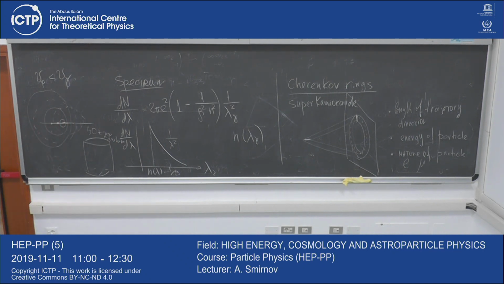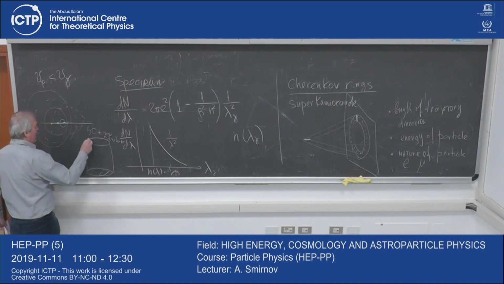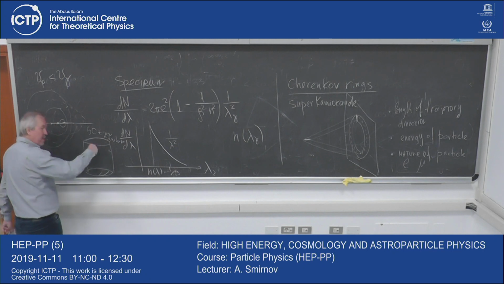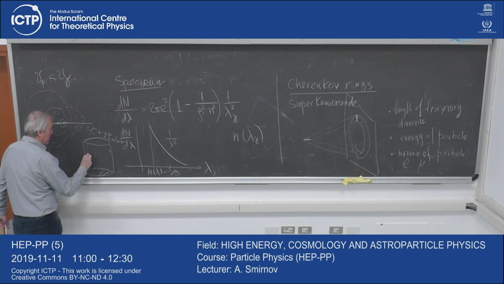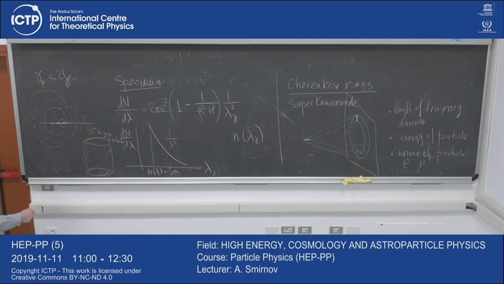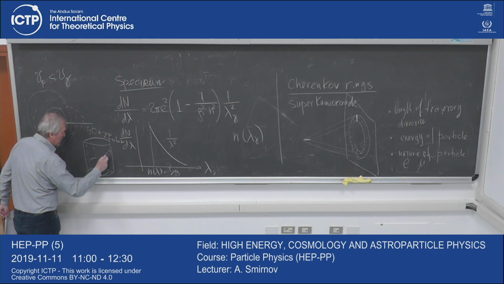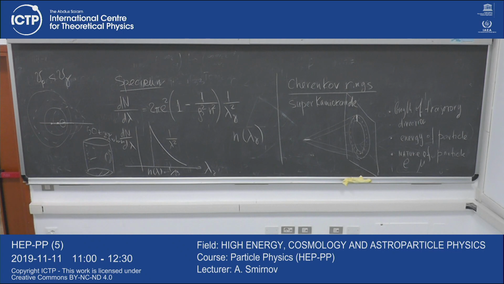You can guess the size of this huge cylinder. And there are photomultipliers on the walls of this detector. So what they see in this installation, you see precisely these Cherenkov rings on the walls of the detector.